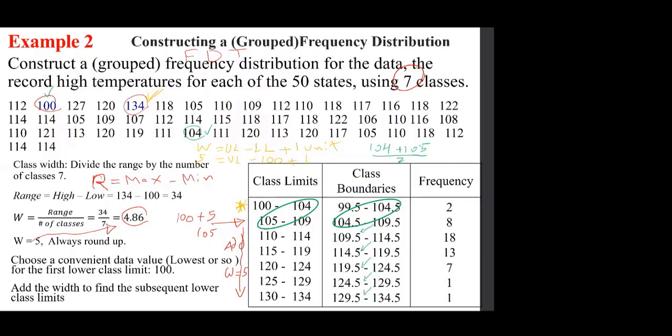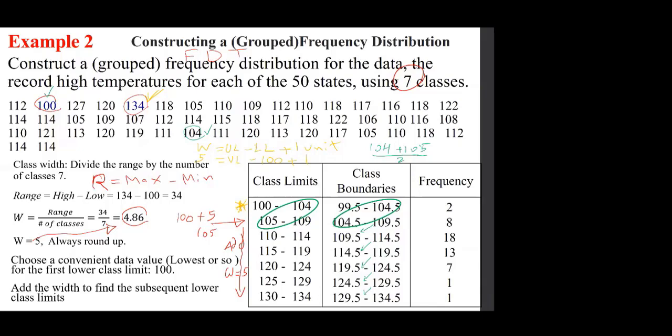If you follow the boundaries, that means everything starting from 99.5 all the way to 104.5, not including 104.5. 104.5, if it happened to be there, belongs to the next class. So I hope it's clear so we can move on.